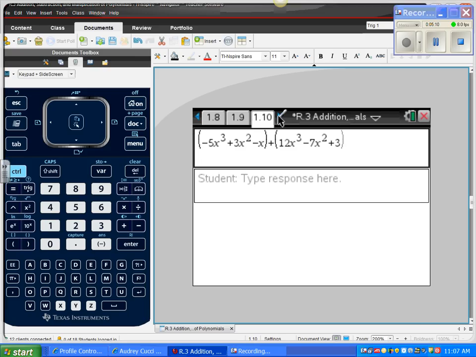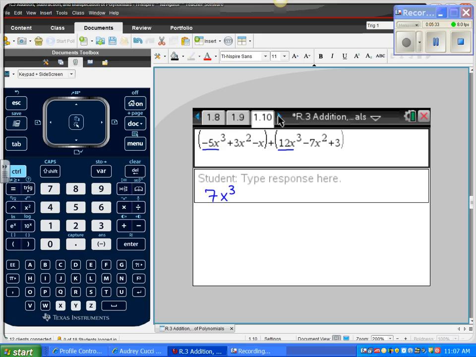Okay, so let's get a little bit harder. This is bigger. Again, we're looking for like terms. X cubed, x squared, x. We want to make sure we match them up. So let's deal with the first one. Negative 5x cubed. We're going to look for another x cubed. And we see it over here, 12x cubed. We're going to combine those by adding. Negative 5 plus 12 is 7x cubed.